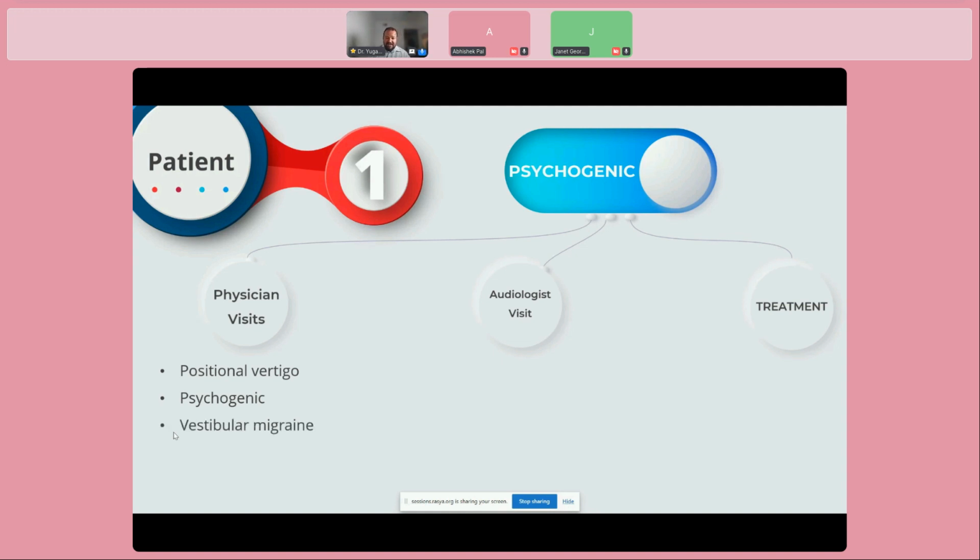Then finally, after multiple follow-ups, this patient was also diagnosed as vestibular migraine, and was sent for audiological evaluation because at a later stage, the patient reported hearing loss concern. The audiological evaluation was done, but unfortunately, there were no OAEs and no speech audiometry.